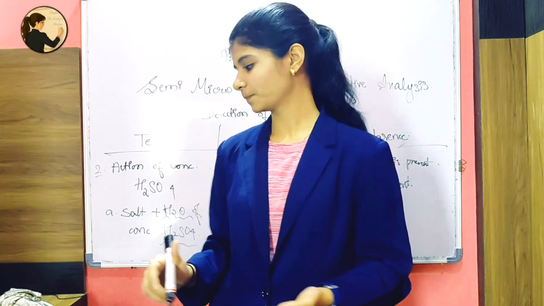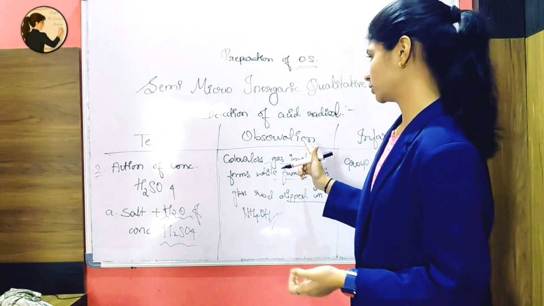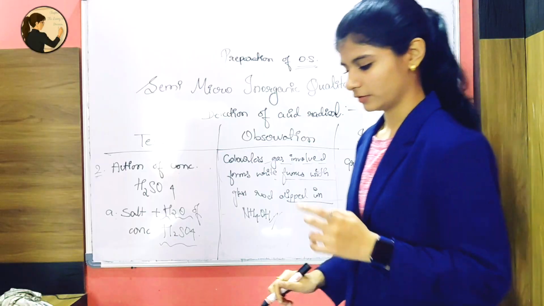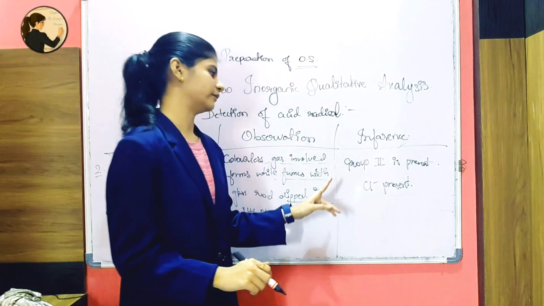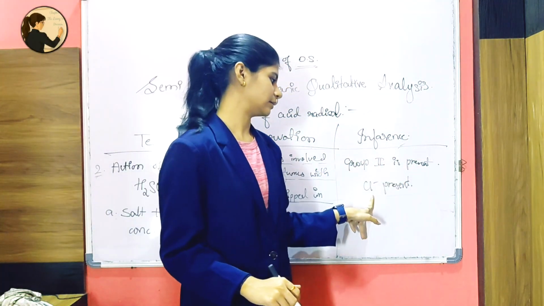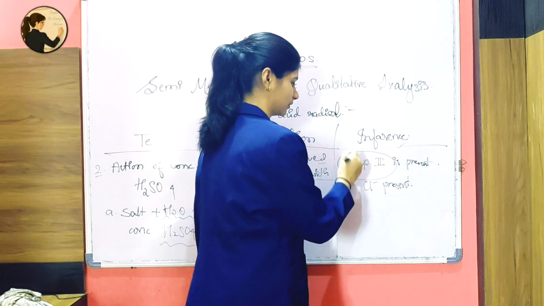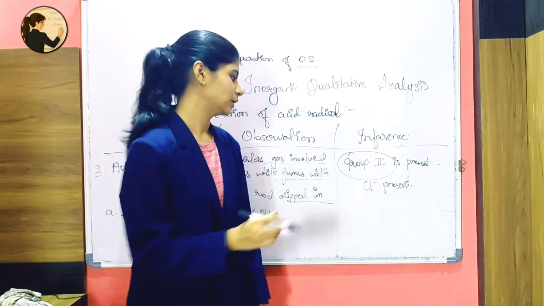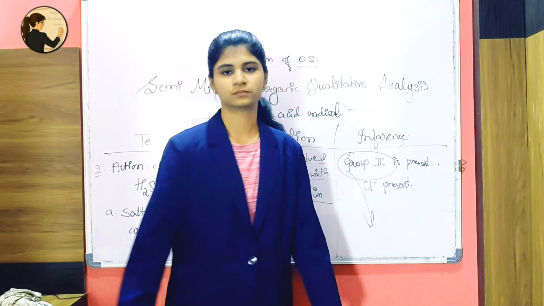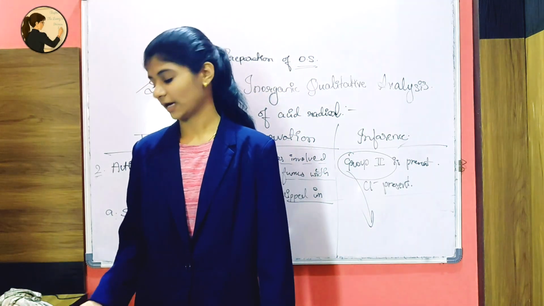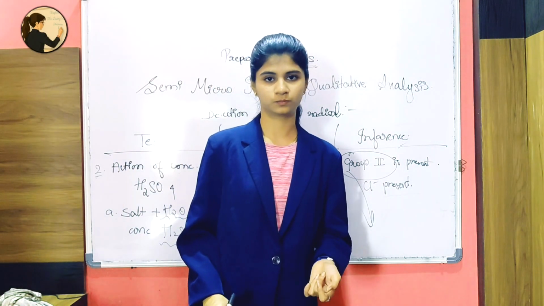So this was the detection of acid radical. When you see the result, the inference is group 2 is present, in which Cl minus is present. If group 2 is present in the whole chart, you will go to group 2. What? Analysis of group 2 you will do.